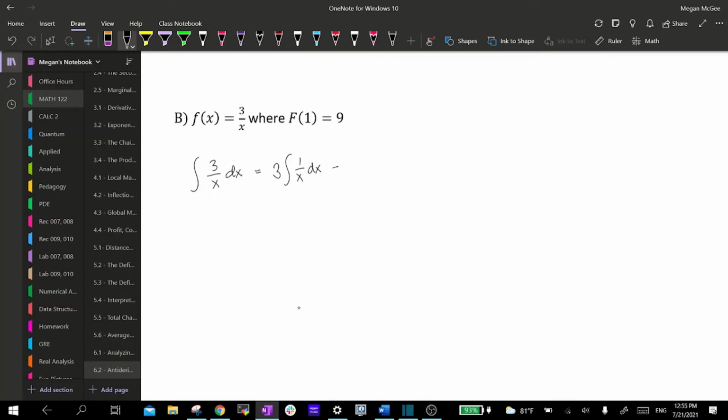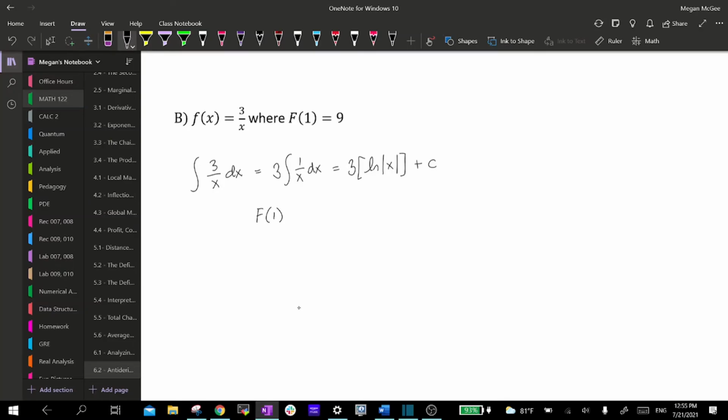And we have another rule that says this is the natural log. So we have 3 times the natural log of the absolute value of x, and then we need our plus constant of integration.